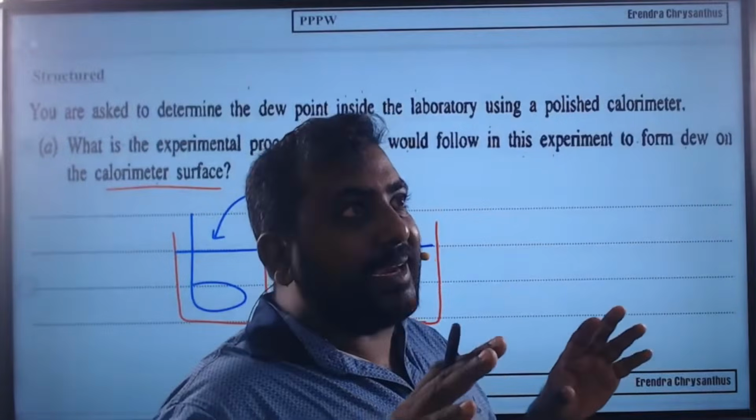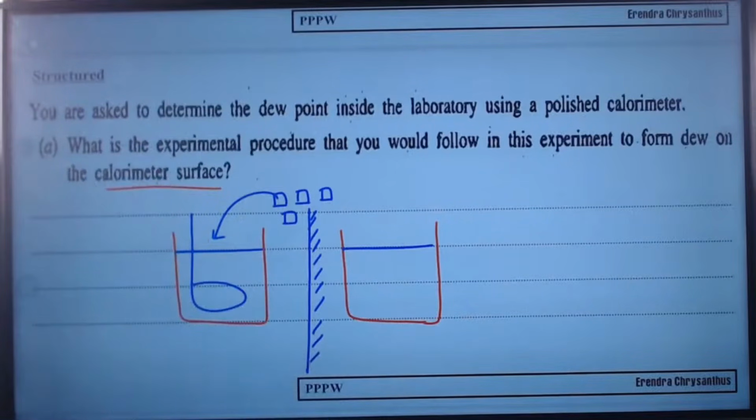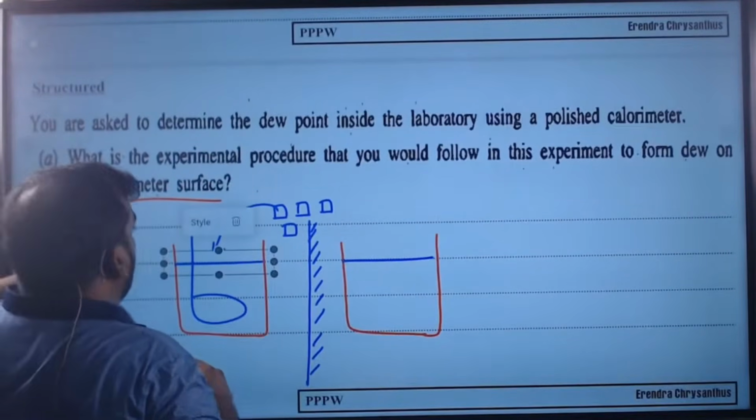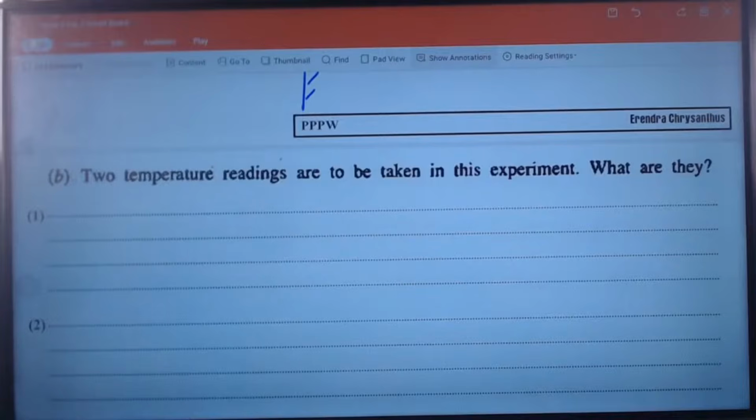When the brightness of the calorimeter surface starts to disappear, we stop inserting ice and measure the temperature.